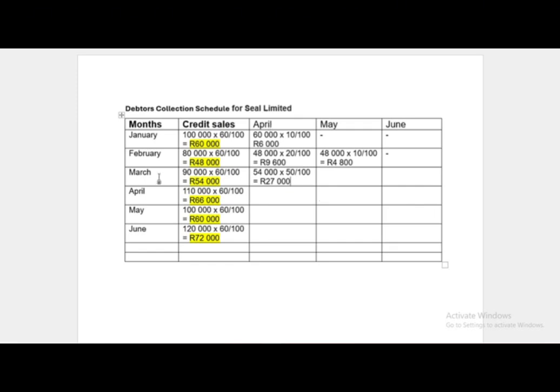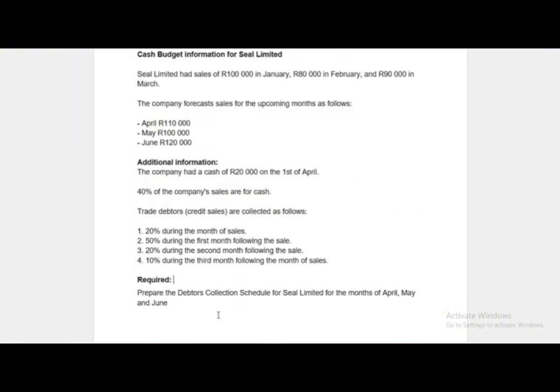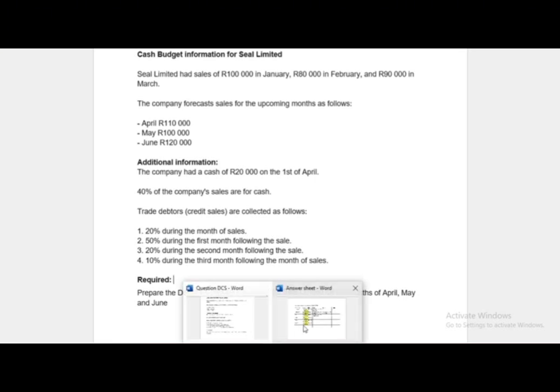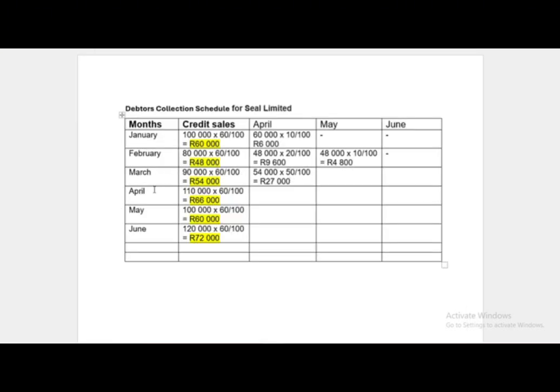And then we have to collect 20% during the second month following the month of sale. So what is the second month following the month of sale? Remember, we're dealing with March now. The second month following March is going to be May, and May is part of our period.